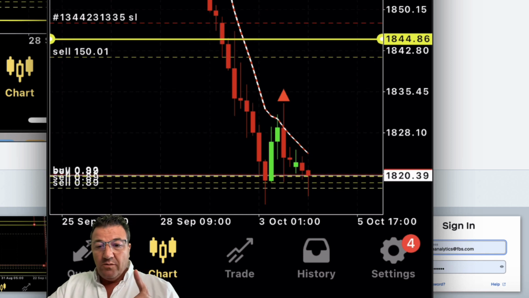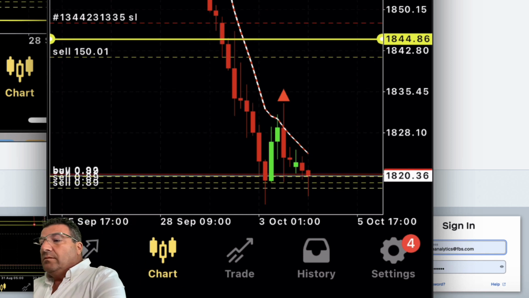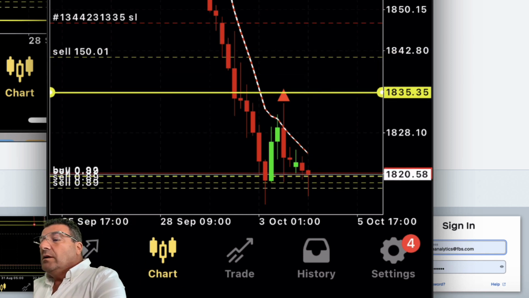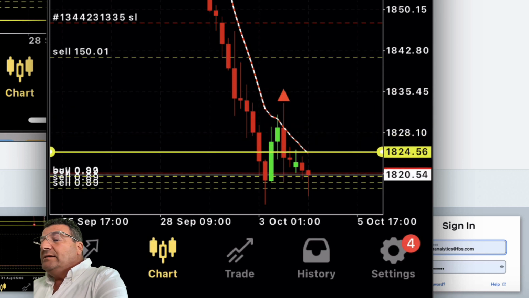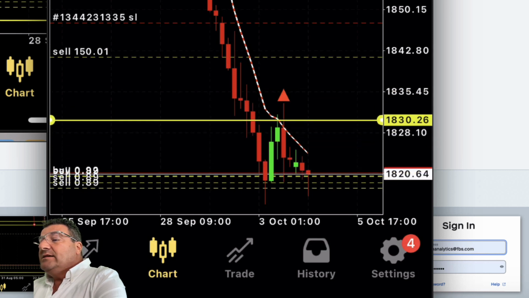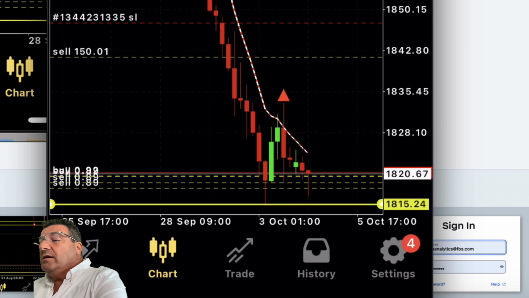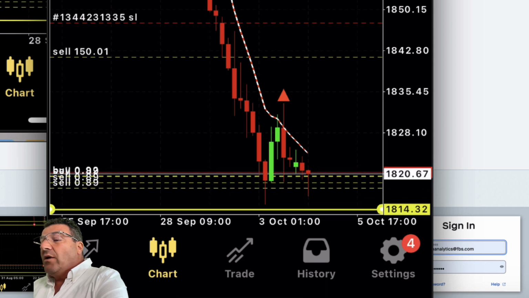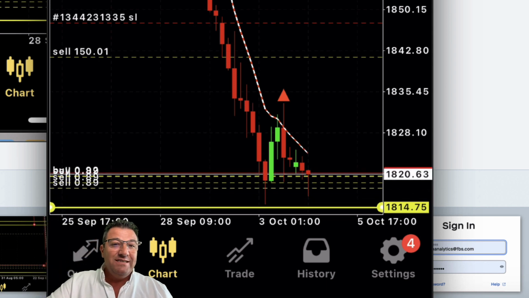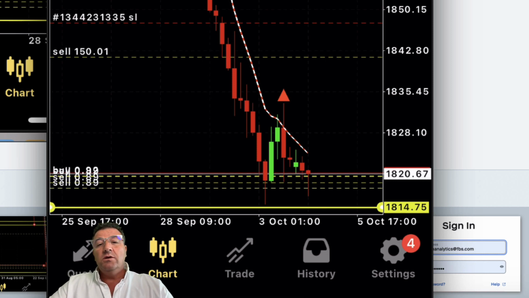Yes, and I'm going to put in that sell stop at 1815, in case it goes south again. And then obviously I'm going to fund my account. I think 1815 is the right place, but I don't know if you're going to have equity for it. So what do you do?